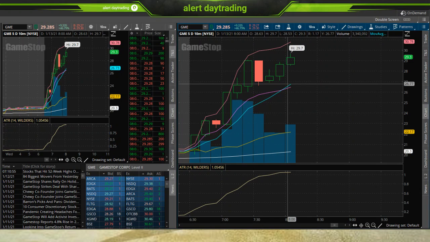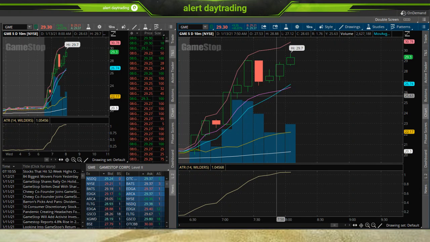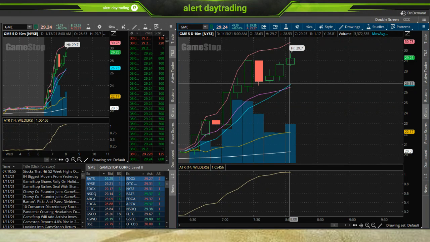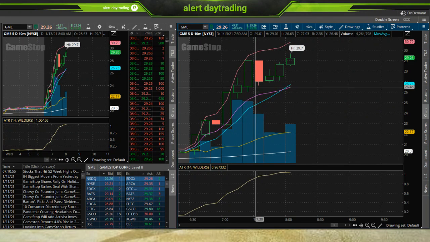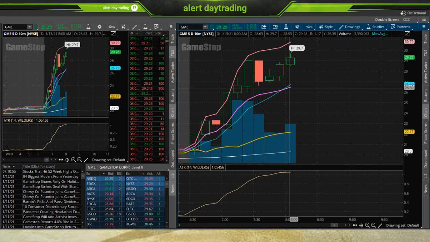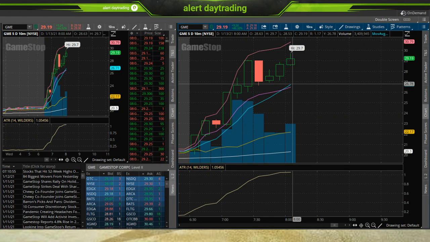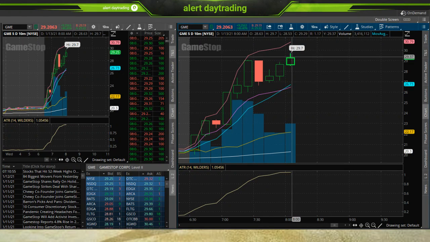Another thing I like to do is raise my stop loss with this blue line, which is the 9 EMA, once it's breaking above my original stop loss level. So I'm going to start raising that as the trade continues to go higher.